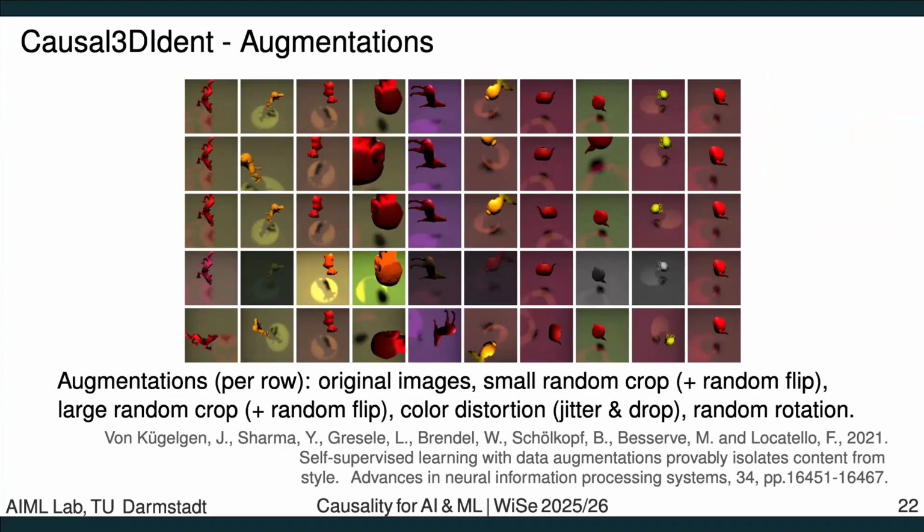Yeah, exactly. Maybe to specify that a bit further: what we want is for our model to be invariant to these augmentations, right? So we want to learn the content, but not the style. You are correct.